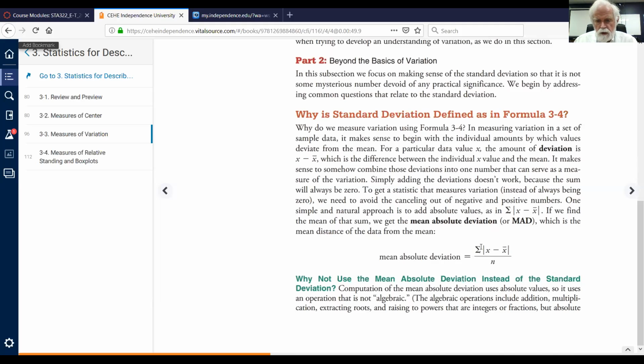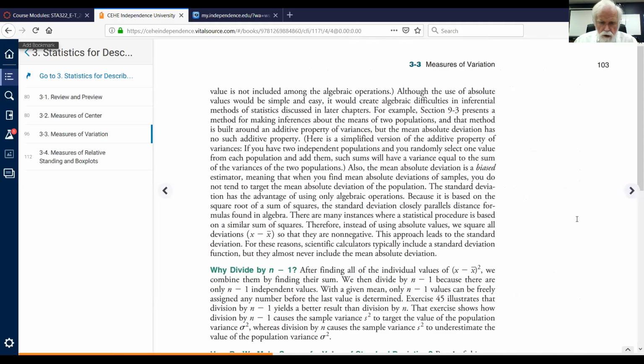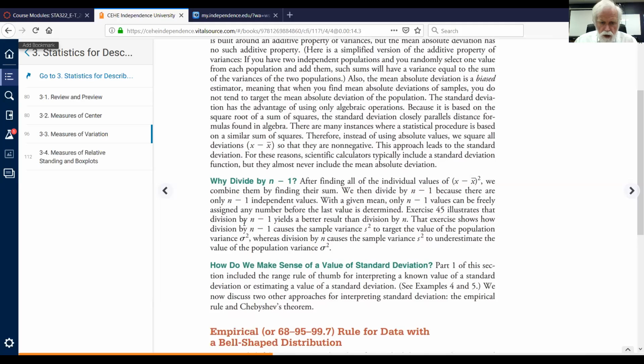In a large enough data set, this is going to be 0. So that's why we use the square. We're going to just keep on going. Dividing by n minus 1, there are only n minus 1 independent values, meaning we can only freely assign any number before the last value is determined. So we won't worry about what all that means.